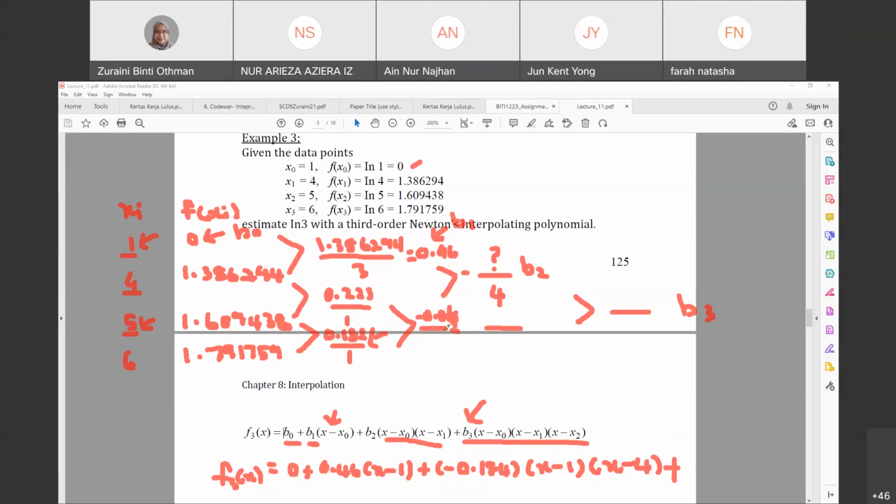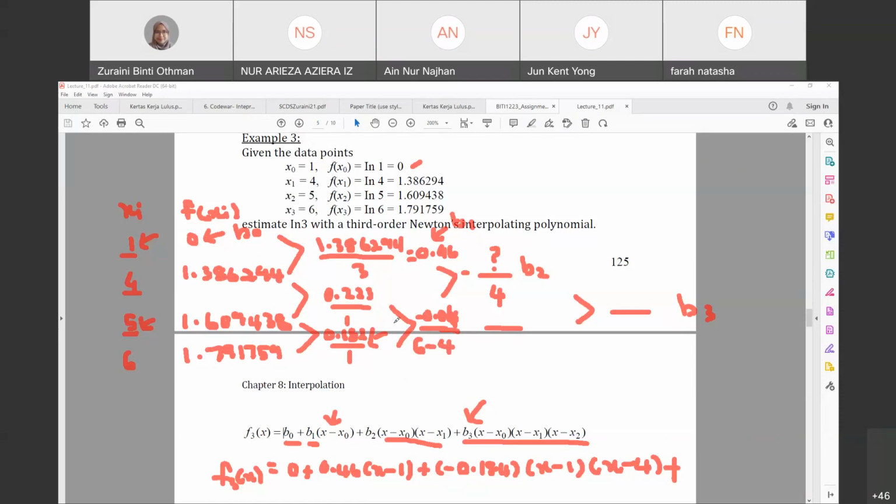Okay, so sekarang dekat sini, mana kita nak bahagi dengan apa? So we look at the highest mark, which is 6, and the lowest point involved is here, 4. Kenapa saya choose 4?